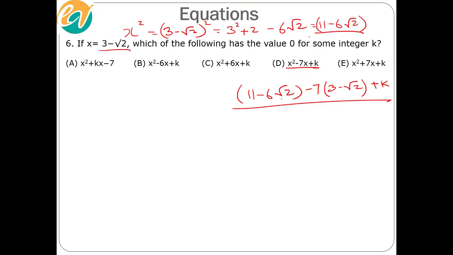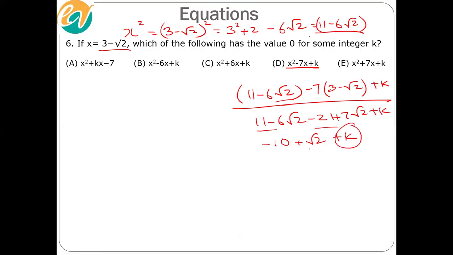It cannot be, because we'd be left with a root. This would be 11 minus 6 root 2 minus 21 plus 7 root 2 plus k. So how much is this? Minus 10 plus root 2 plus k. For any integer value of k, obviously this will not be nullified.